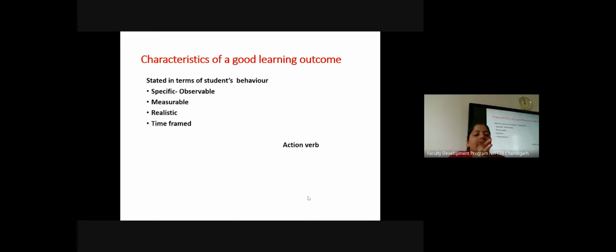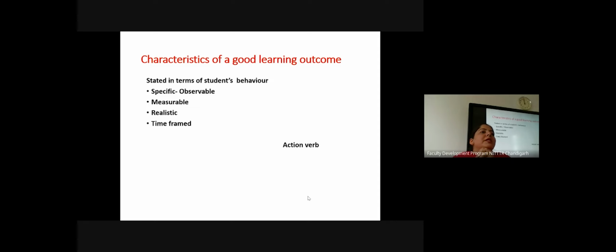As added by sir, when it comes to learning outcomes, it is Bloom's taxonomy that we are going to follow. In Bloom's taxonomy, there are some action oriented verbs available at the level of remembering, understanding, analysis, creation, and evaluation. Those action verbs need to be utilized while writing different learning outcomes.